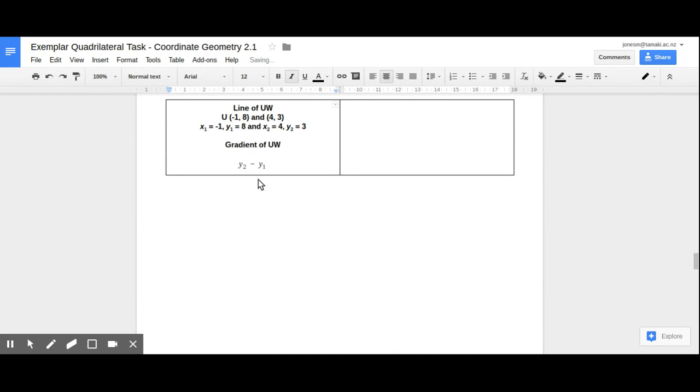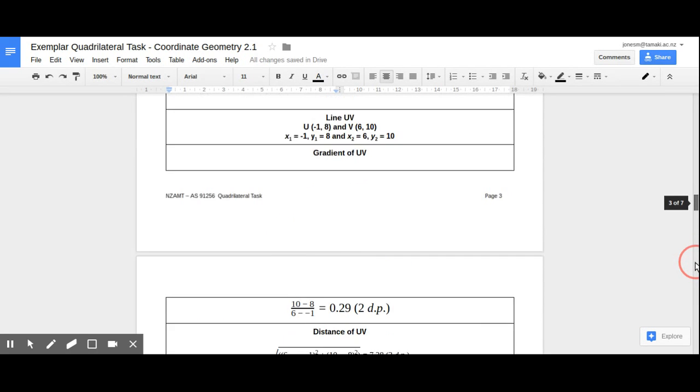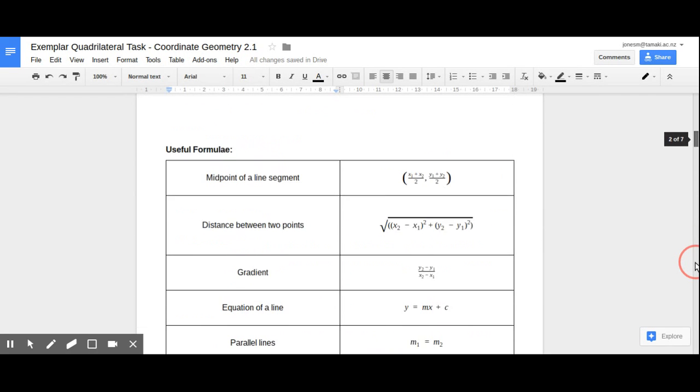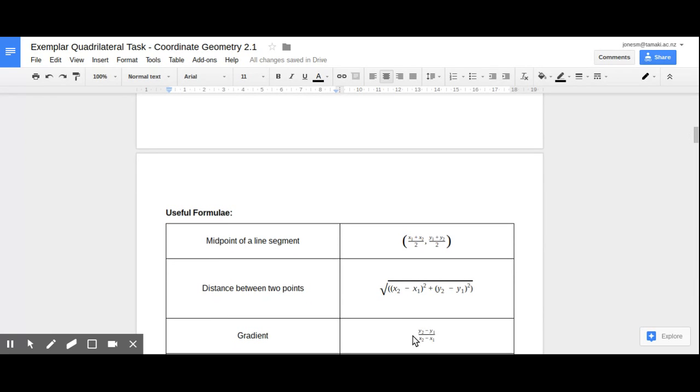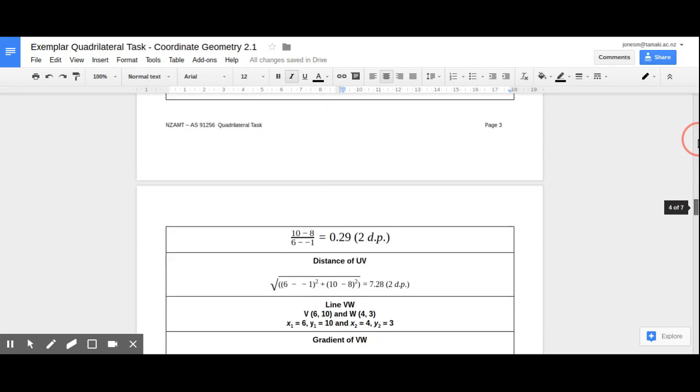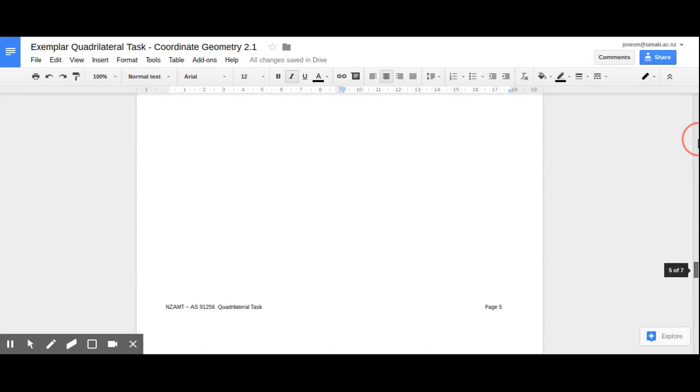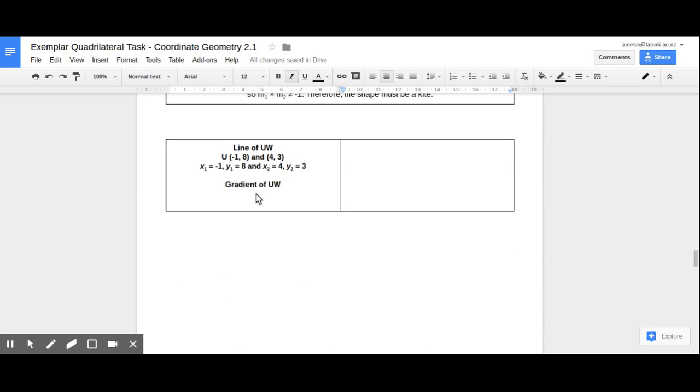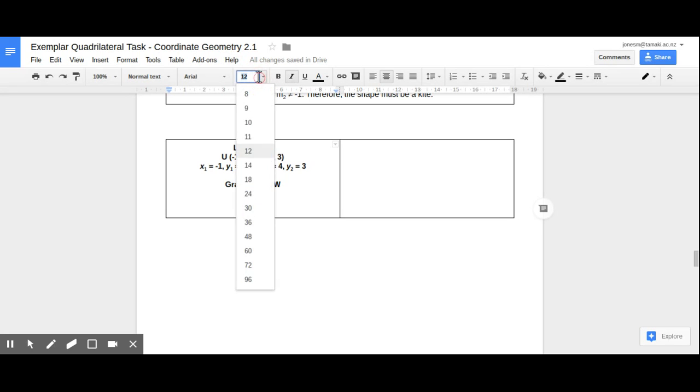The gradient of UW is, well, that's not the gradient formula. Okay, I'll try again. So the gradient of UW, here we go. So we've got y2 minus y1.